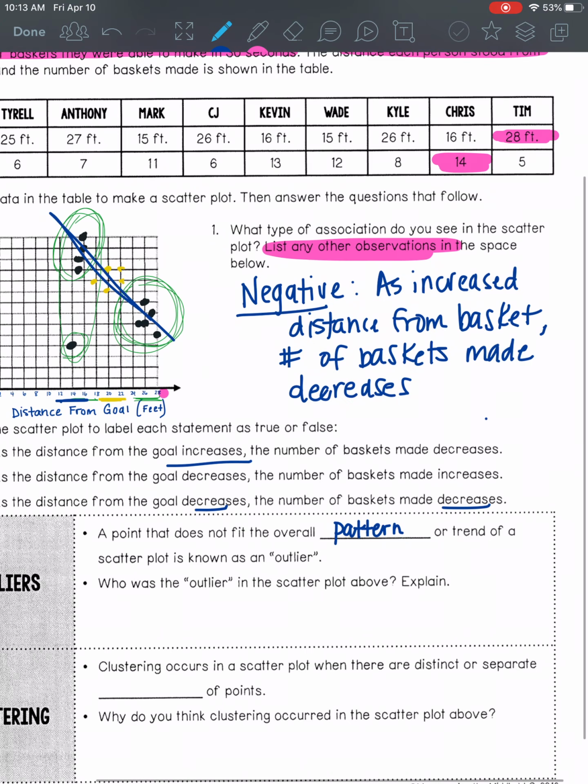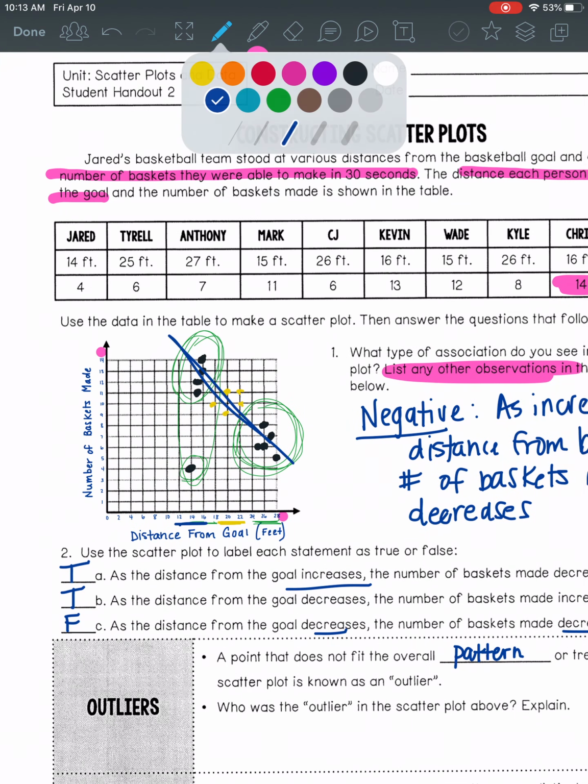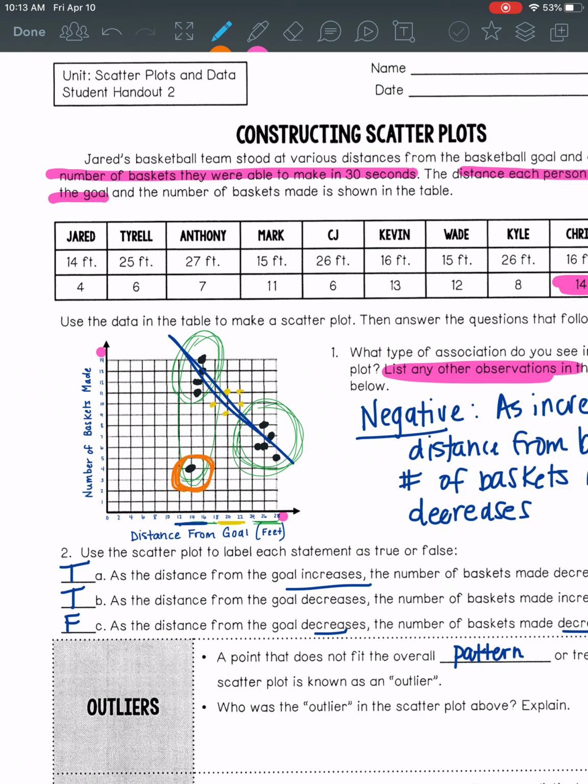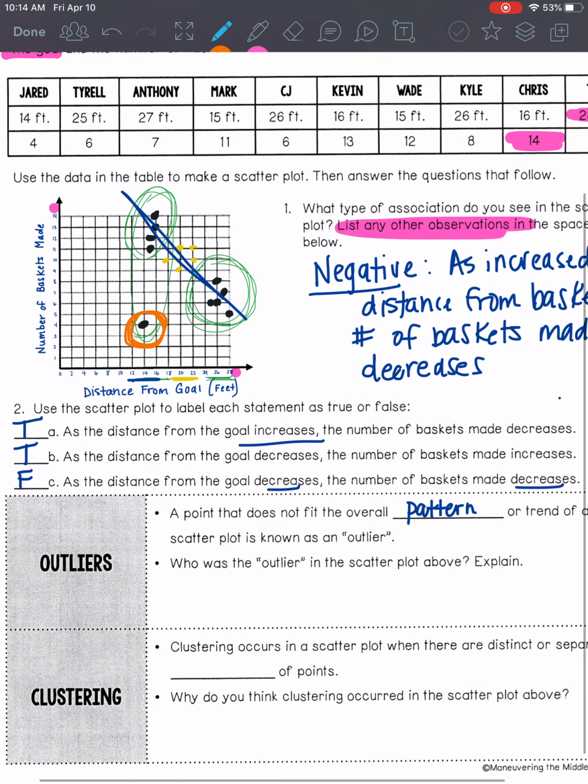So hopefully you guys could see that there was an outlier here. Our outlier is this guy right here that I'm circling in orange, because he did not fit in the overall data. So who was that outlier? 14 feet, 4 baskets made. Oh, that was Jared. So Jared was the outlier, and that was because he just didn't make as many as the rest.